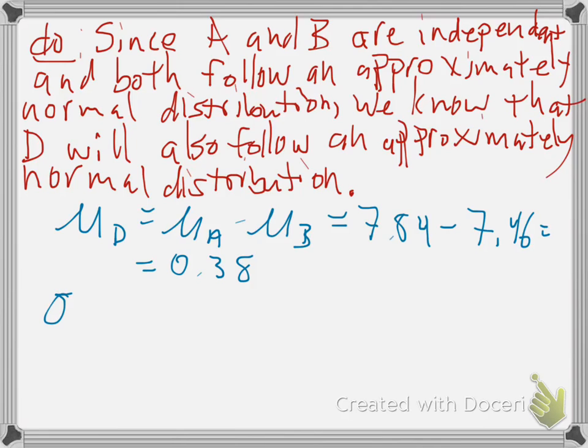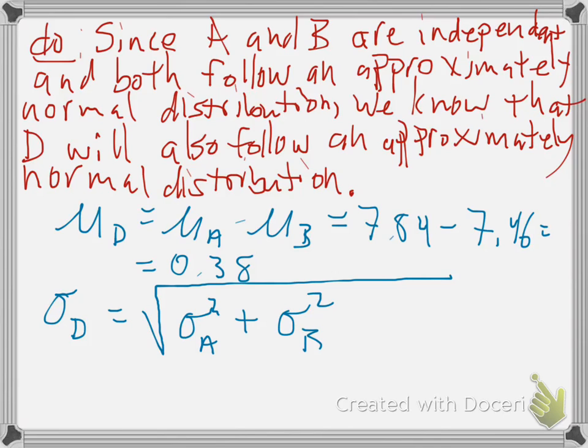And what's the standard deviation of D? I want to remind you, even though we are subtracting the two, we still add the variances together and square root the variances. So it's going to be the square root of 0.08 squared plus 0.11 squared, these numbers were given to us.